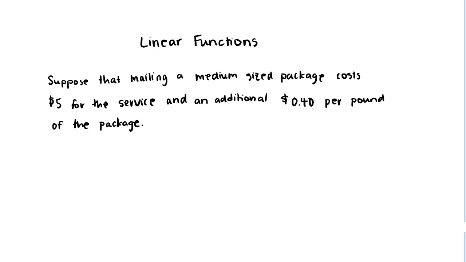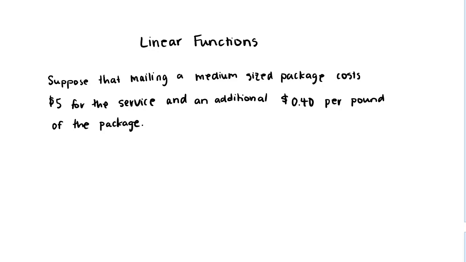linear functions. And so here I've got this statement that says that suppose that some mailing service has some fee for shipping packages, and there's a $5 cost for just the service of shipping a medium-sized package, and there's an additional 40-cent fee for every additional pound of that package.